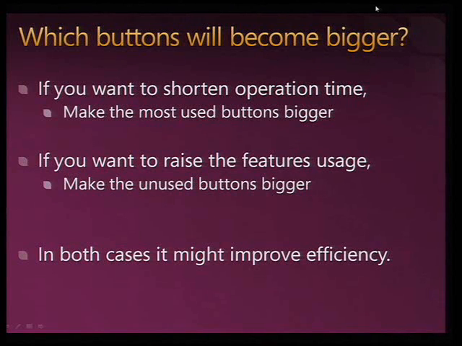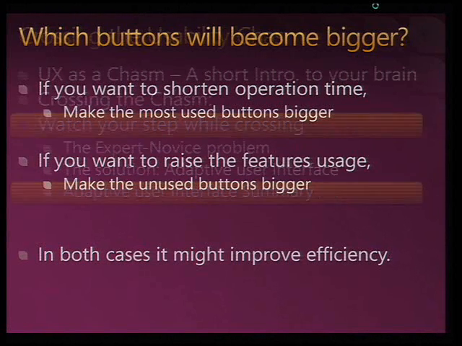It's legal to do so. Okay, so it's again a decision of the designer. What are the usability goals of the application? And what would you like to do? It's your decision. Now that you have this tool, it's easy to do so. In both cases, it will make the use of the application more efficient, and it will bring more value to the users.